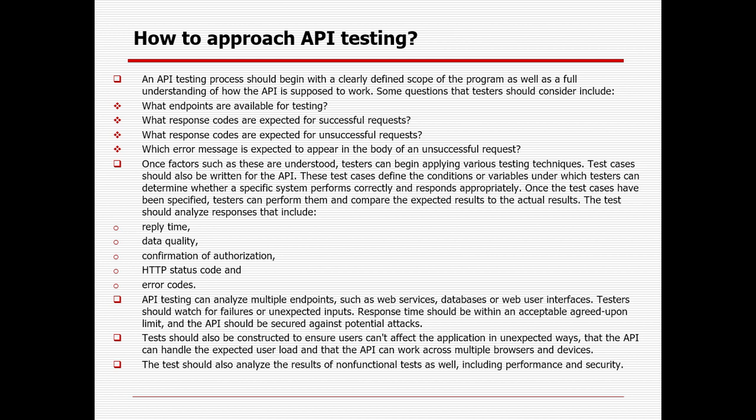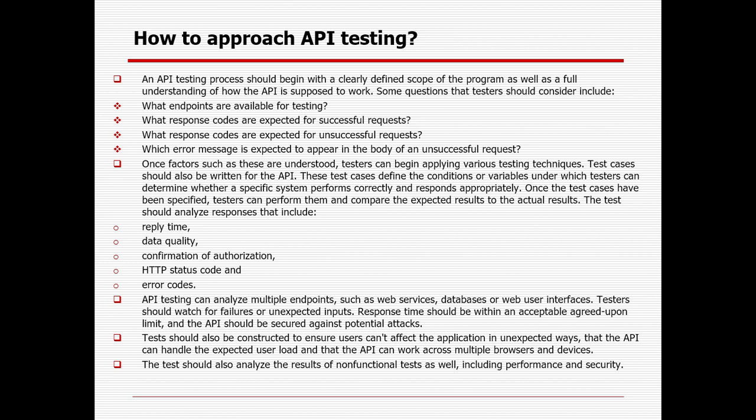Once factors such as these are understood, the tester can begin applying various testing techniques. Test cases should also be written for the API. These test cases define the conditions or variables under which a test can determine whether a specific system performs correctly and responds appropriately.